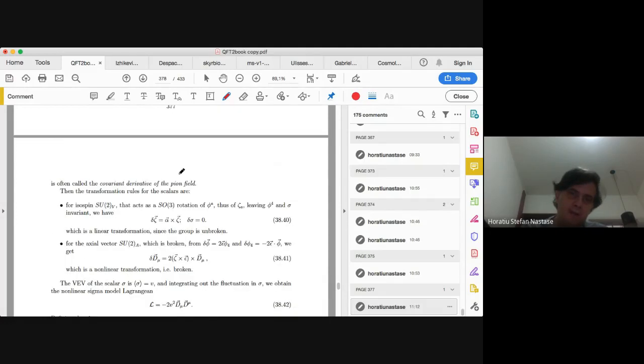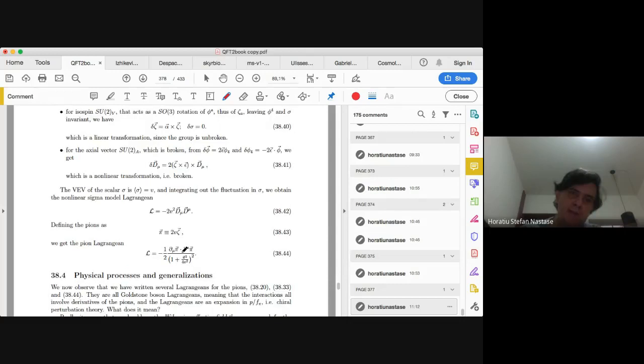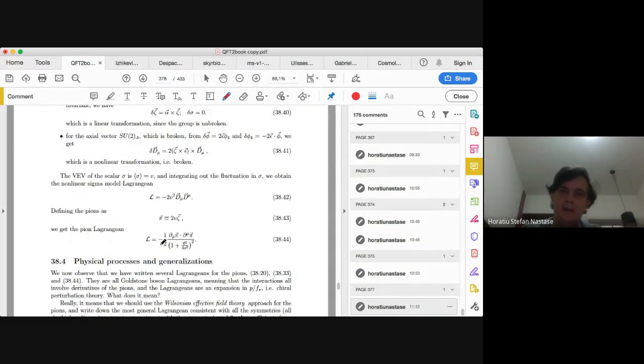So the only Lagrangian that we're left with is minus 2v squared (D_μ vector)^2. And if, moreover, I define the pions as 2v times zeta vector, I would get yet another Lagrangian for the pions, which is minus a half ∂_μ pi dot ∂^μ pi divided by (1 plus pi squared over 4v squared), everything squared.